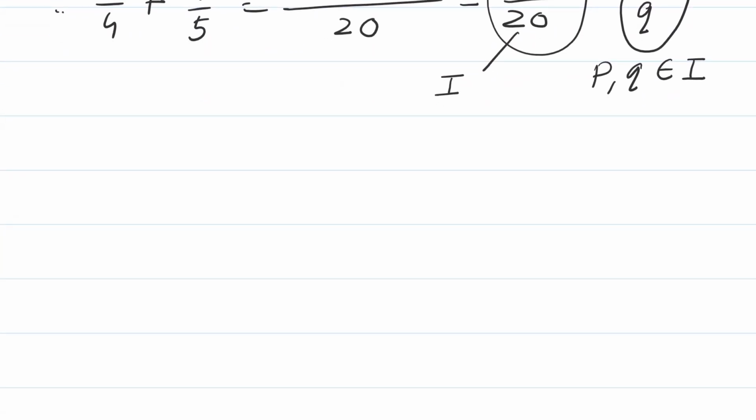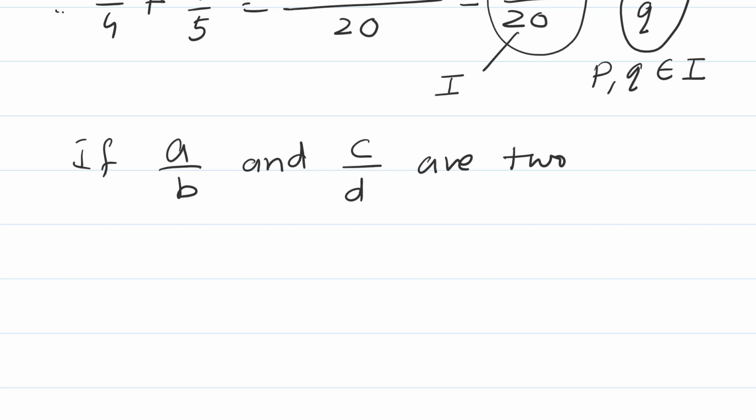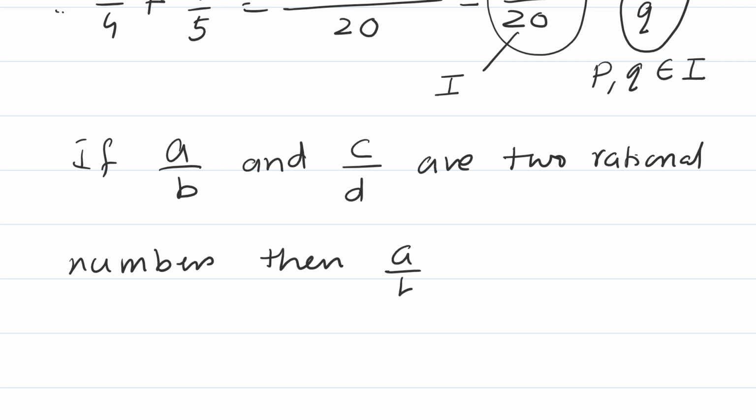Similarly, consider subtraction. Closure property of subtraction of rational numbers: if A upon B and C upon D are two rational numbers, then A upon B minus C upon D is also rational.